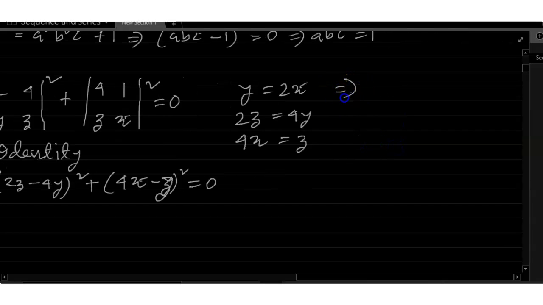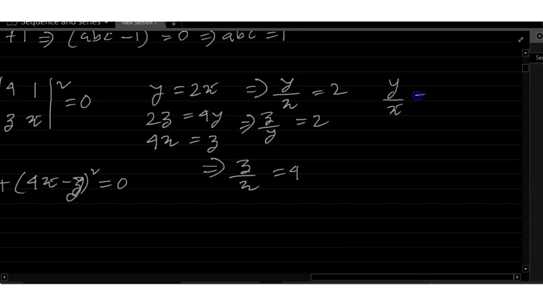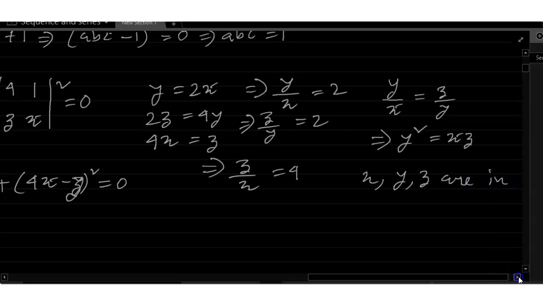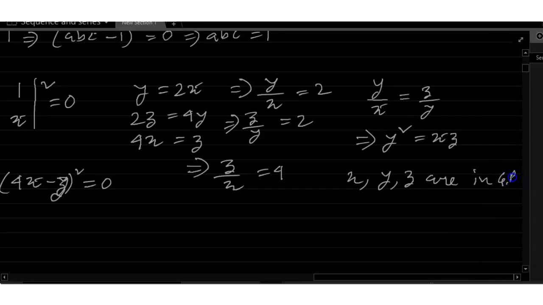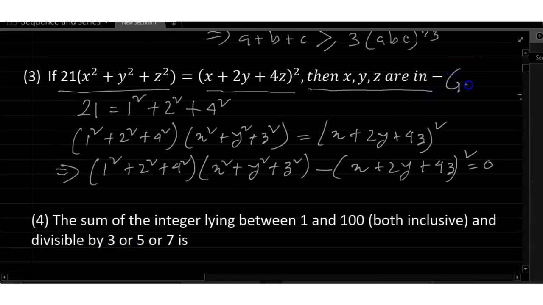So y by x equals 2, z by y equals 2, z by x equals 4. So y by x equals z by y. After that we get y squared equals xz. Therefore x, y, z are in GP.